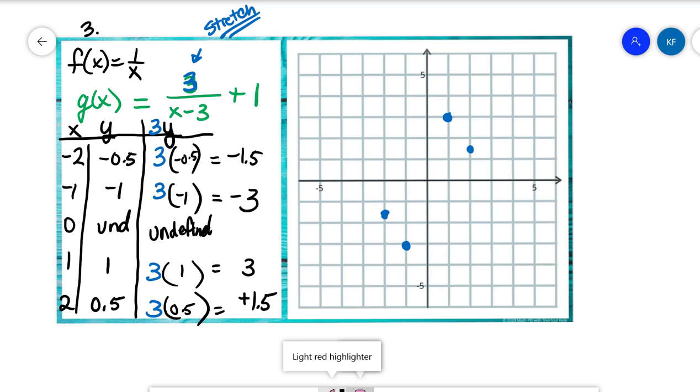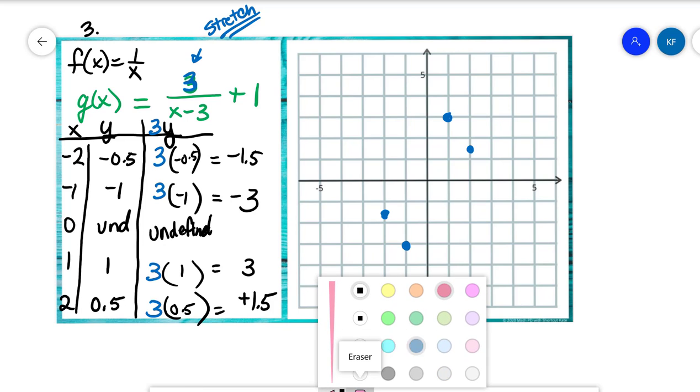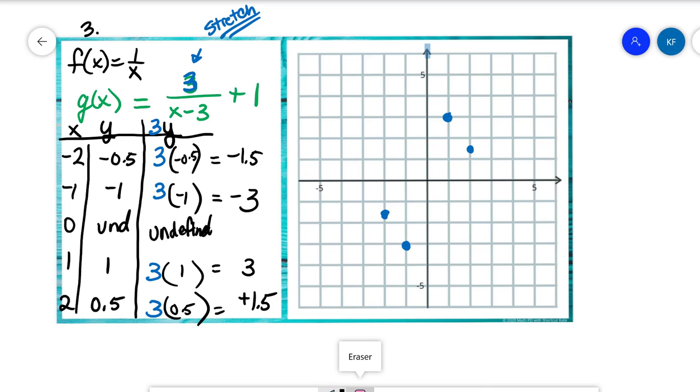And then I'm putting those asymptotes in just to emphasize that they are there. And I'm not going to connect the points because that is not the graph I'm being asked to end with. So make sure that you understand that.